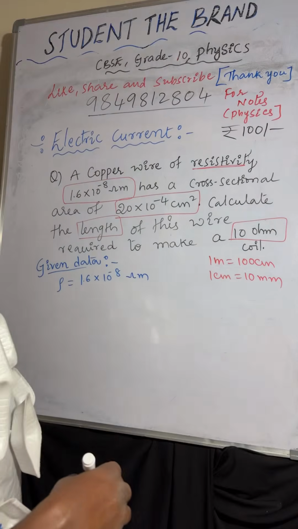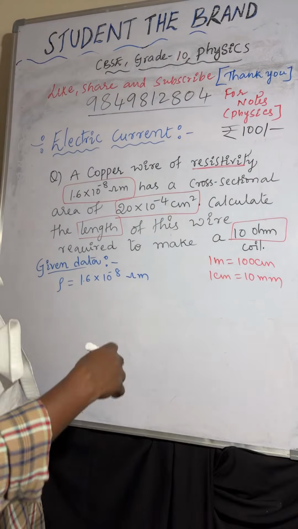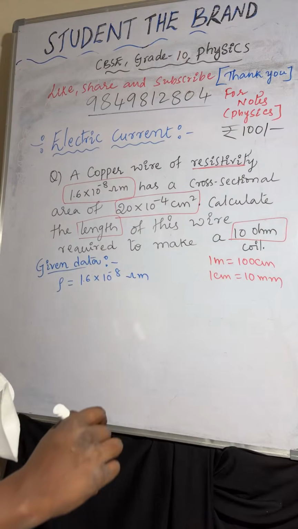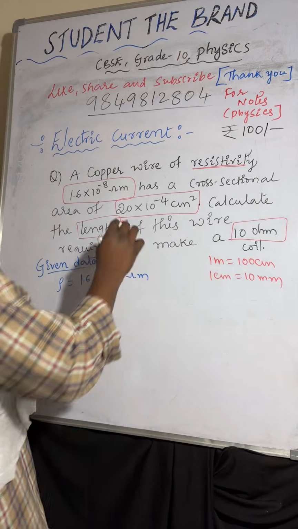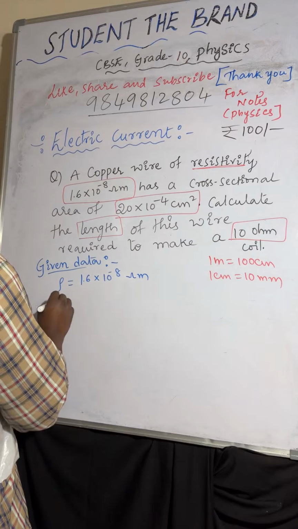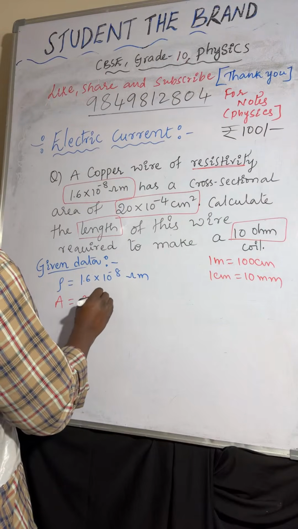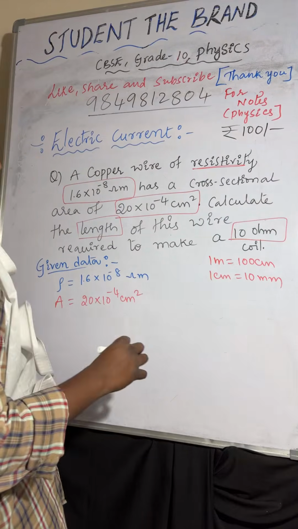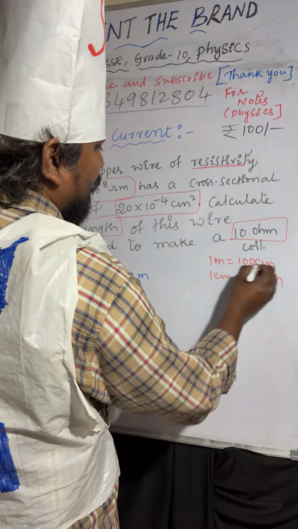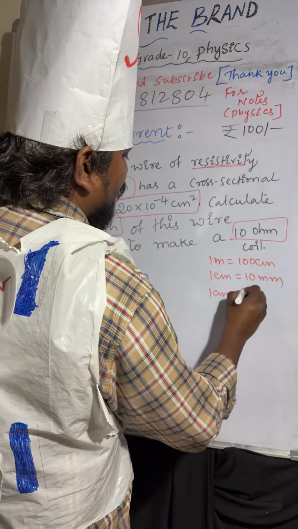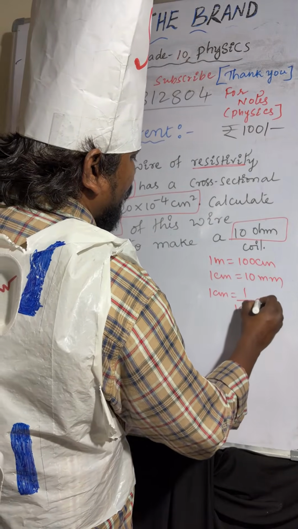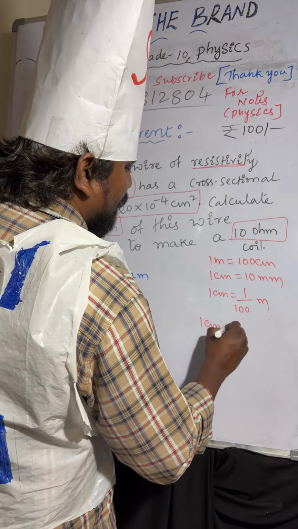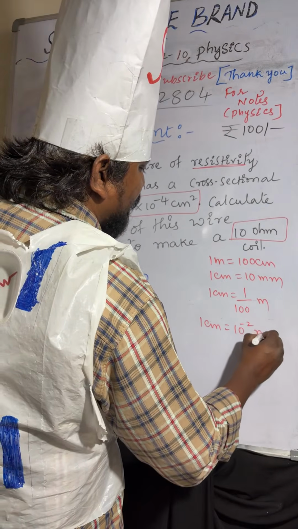Now you can observe here they given 20 into 10 power minus 4 centimeter square, that is area of the cross section. 1 centimeter equal to 1 by 100 meter. That can be written 1 centimeter equal to 10 power minus 2 meter.